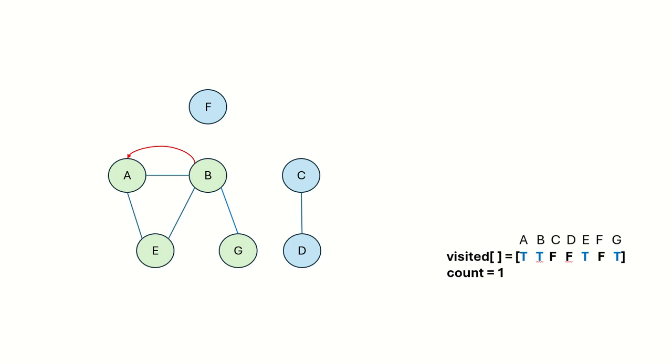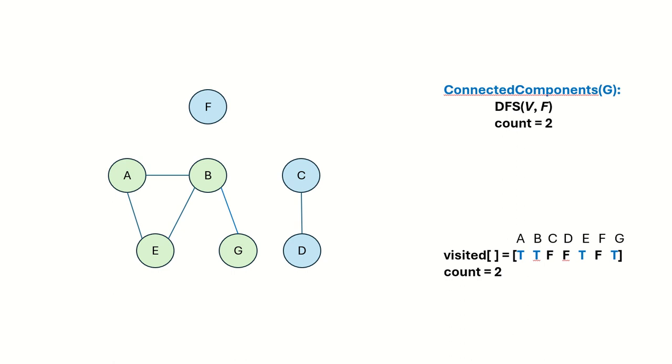So we return back to our main algorithm of connected components. Now the main algorithm, after it has returned from DFS of A, will check which are the other unvisited nodes of the graph. Now we can take F, which is an unvisited node of the graph.